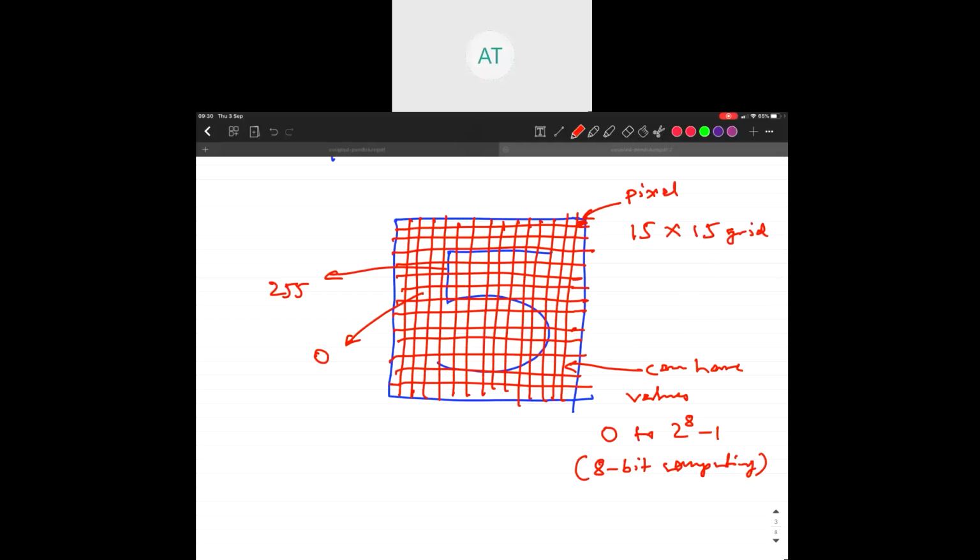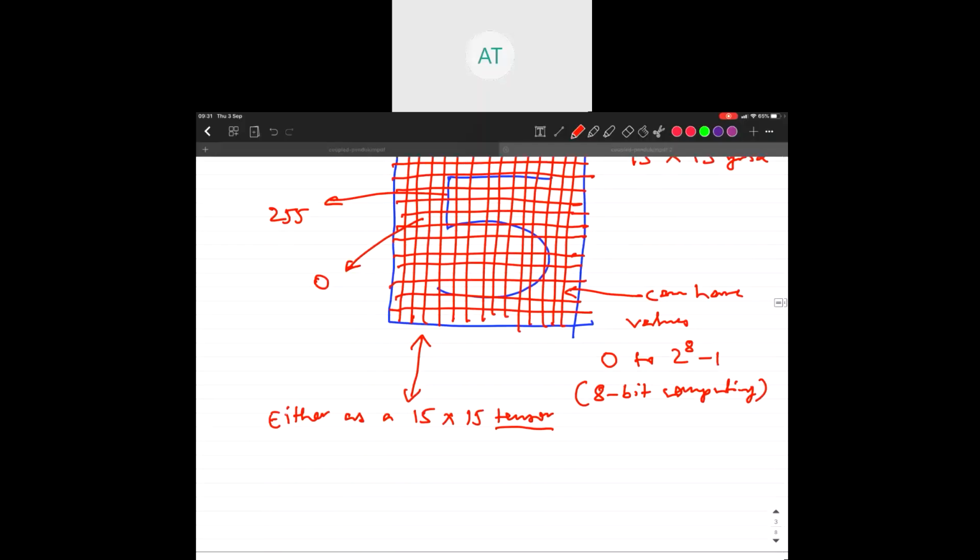And then what we can do is, we can have this either as a 15 cross 15 tensor, right? Okay, so let me write, instead of tensor, 15 cross 15 matrix.